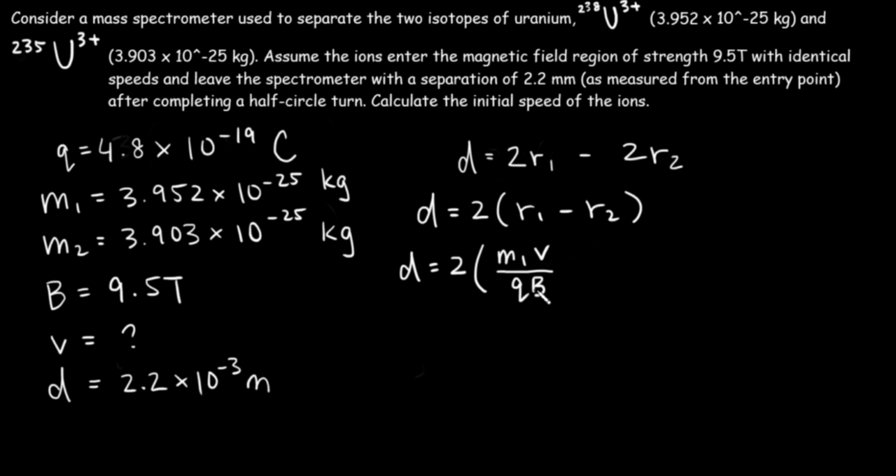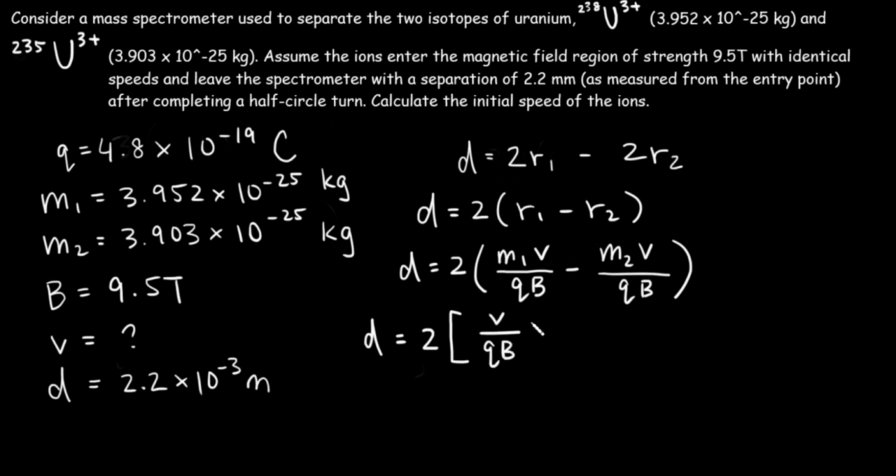And the way we got this was from making sure that the magnetic force was equal to the centripetal force and solving for R. And then R2 is going to be M2 times V over QB. And now let's factor this out a bit more. So things we've got in common is V over QB times M1 minus M2.